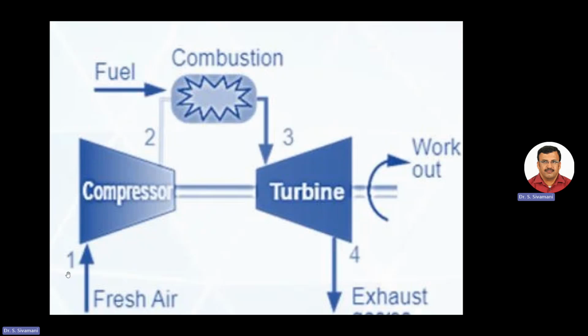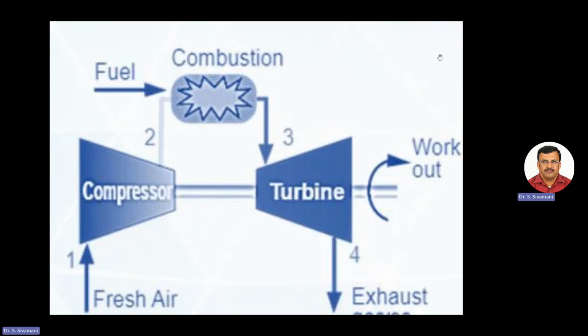So compression and expansion are isentropic, and the process in combustion is isobaric. With this introduction, I told you the compressor used here is a multi-stage axial flow compressor, the combustion chamber used is an annular combustor, and the turbine used here is a gas turbine.